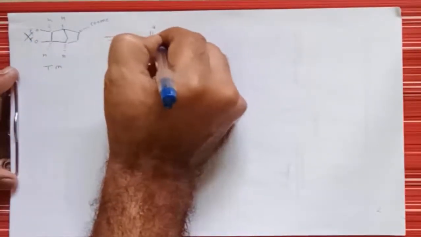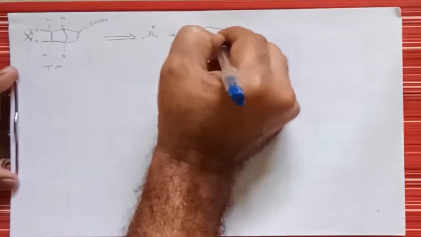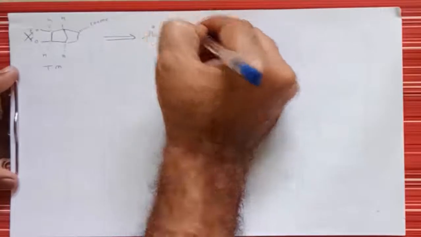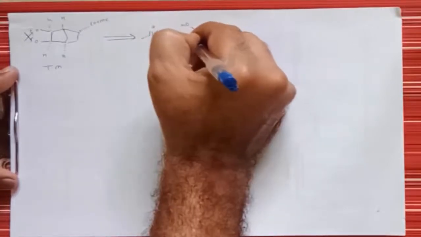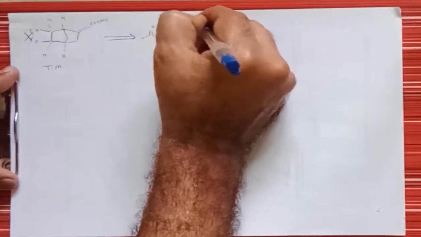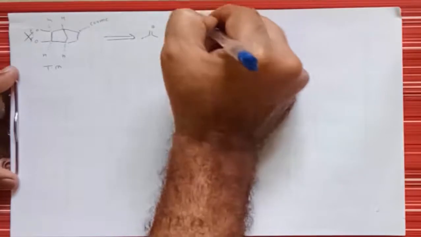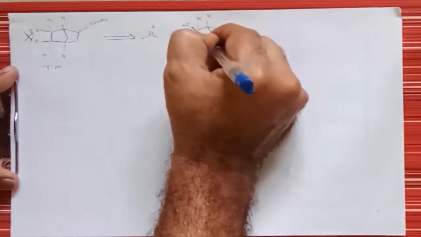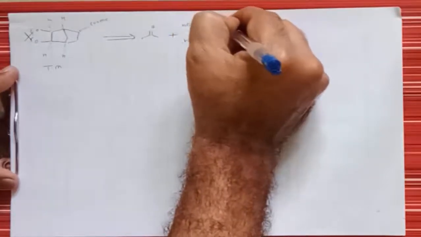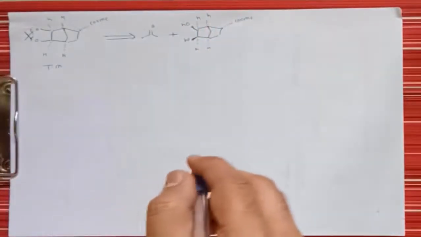It gives formation of a ketone along with a diol, that is OH, but this OH will be from the same side and the hydrogen on the other side, and here is COOMe as a functional group.